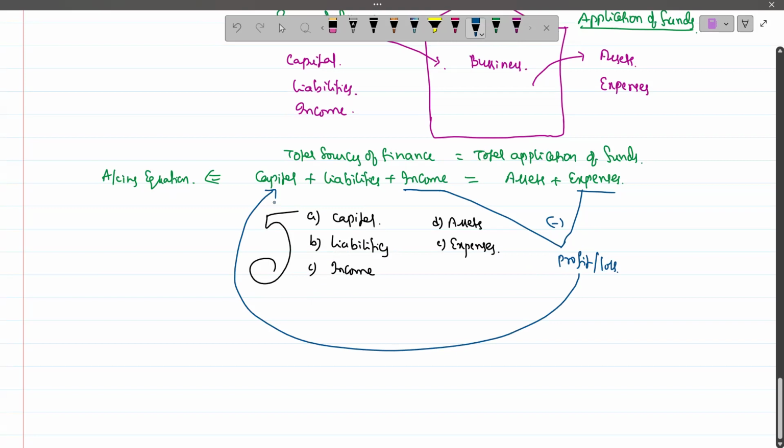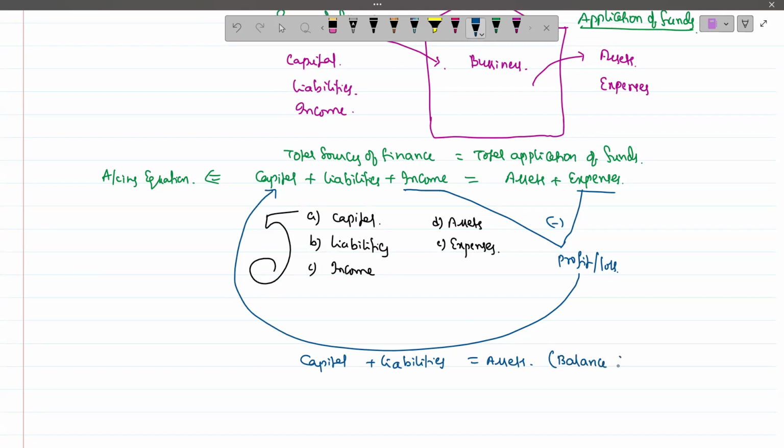It means profit or loss relating to the business generally belongs to the owner, and the owner's representative account is nothing but capital. So you can simplify the accounting equation, and the simplified equation is capital plus liabilities is equal to assets. This is the simplified accounting equation, and its format is in the form of the balance sheet. That's why we also call it the balance sheet equation.